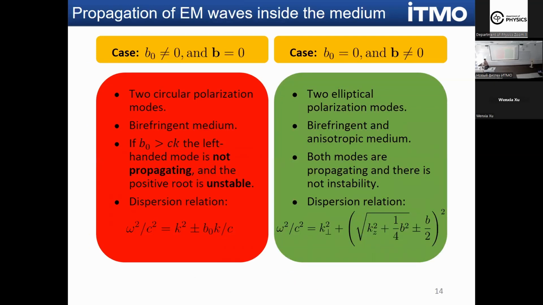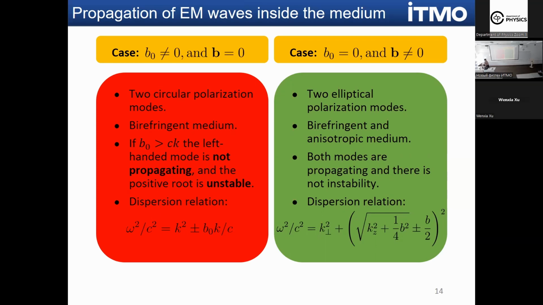Also, the propagation of electromagnetic waves inside Carroll-Field-Jackiw matter is different in some cases. If B0 is different than 0 and the vector B is 0, you can have two circular polarization modes. This medium is birefringent. But if B0 is bigger than k, then the left-handed mode is not propagating, as you can see from the dispersion relation, and the other mode is unstable because it grows exponentially.